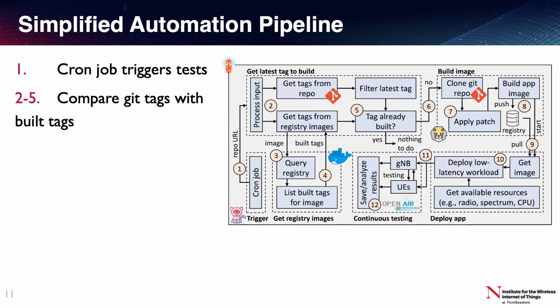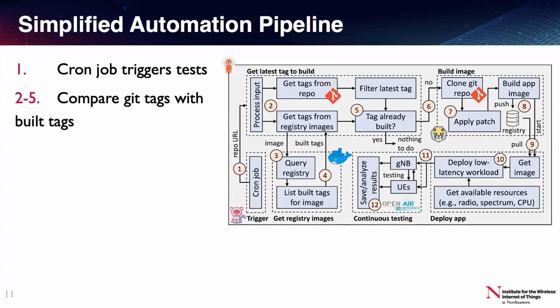There are other steps, from 2 to 5 here, that will compare the latest release of the software from Git, for example, with the one that I already have deployed on my infrastructure. They will tell me if I'm already using the latest version of the software or if I am behind.